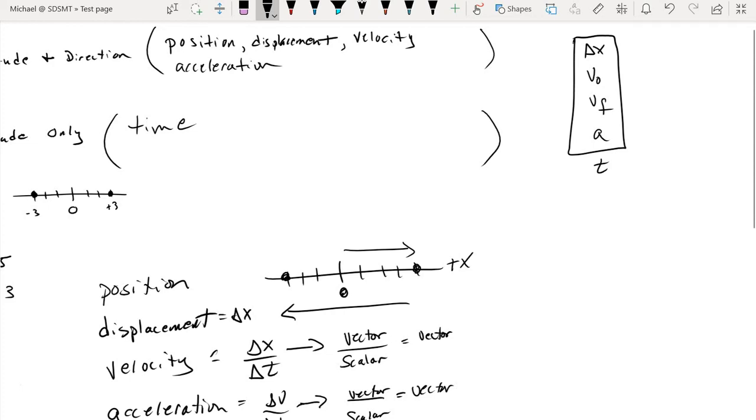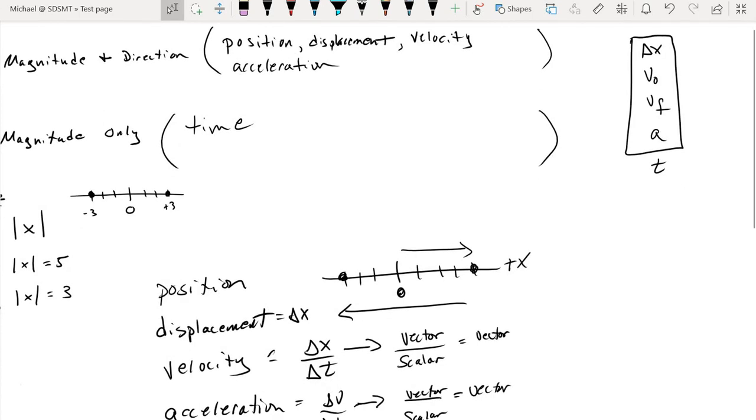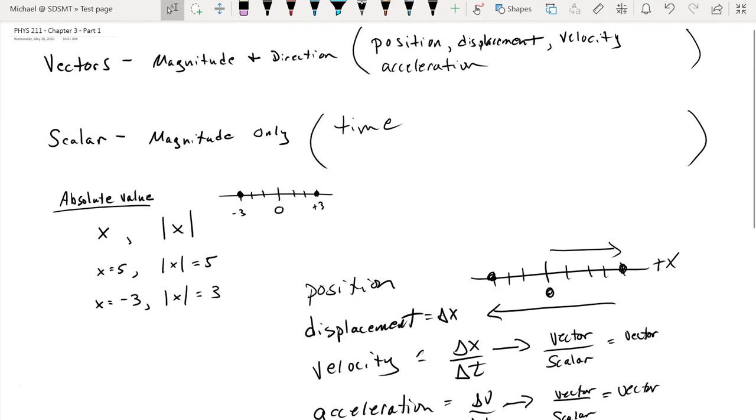And so they require some kind of direction to be associated with them. Time is the only one that's not a vector. And so we're going to have to figure out some way of distinguishing between a vector and a scalar when we start writing out any of our mathematical expressions.